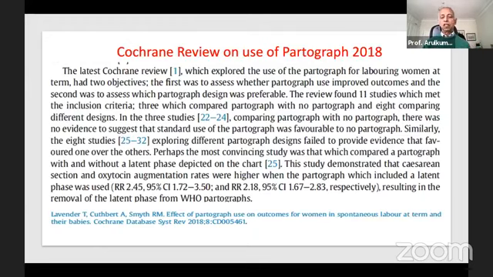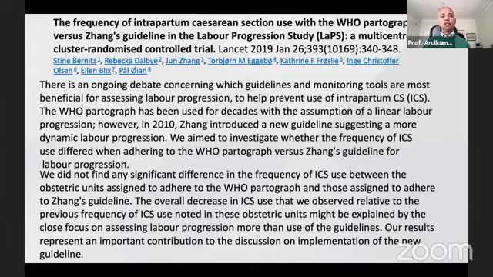So should we move to Zhang's Partograph then? Well, Zhang, combined with Norwegian physicians and obstetricians, did a randomized control study, which was published in the Lancet in 2019. And this is their conclusion: we did not find any significant difference in the frequency of intrapartum cesarean section between obstetric units adhering to the WHO Partograph or the Zhang guideline.